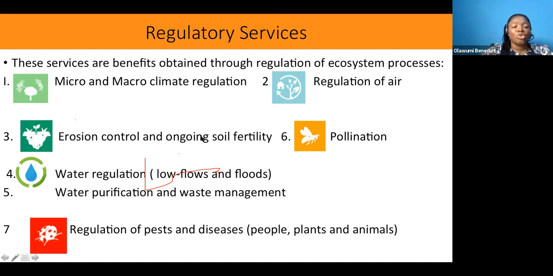Then we have erosion control and ongoing soil fertility. The kind of vegetation that we put in place, the kind of system that we practice, has an effect on this. So soil erosion is a key factor in the soil deterioration process, and it's also a factor in the declining of our soil fertility, desertification and all the rest.